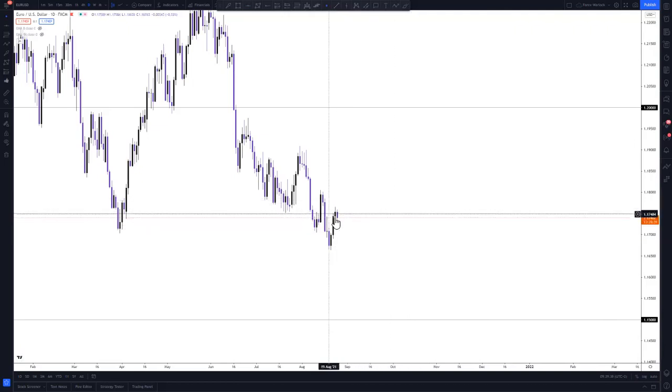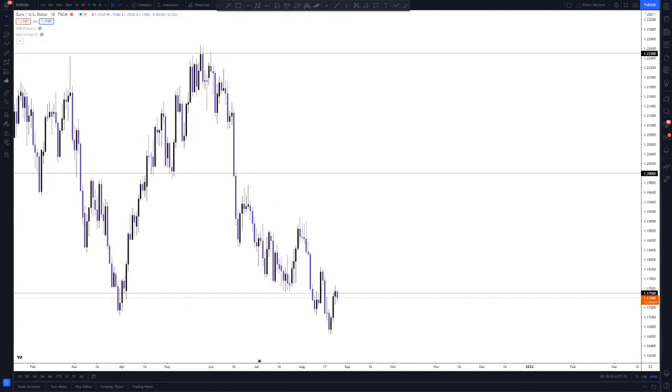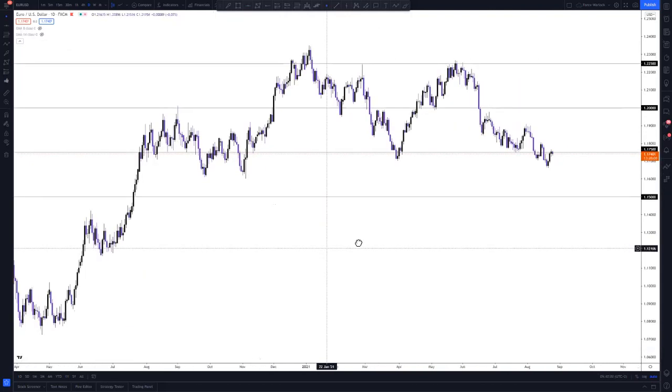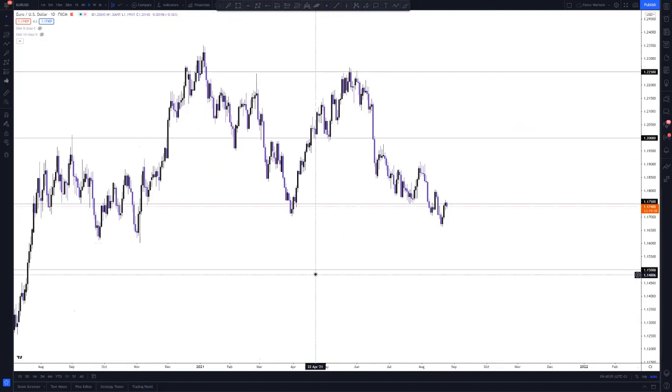Now a rejection from here will be a way for me to take a trade, or to hold my trades if I have trades up there, until I reach 1.1500. A rejection of a key level means that I'm going to go to the next key level.